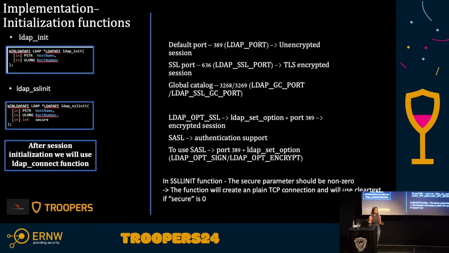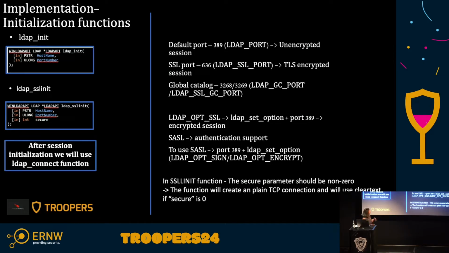LDAP with port 389 might be encrypted, and even most of the time encrypted, using GSS-API, and we'll speak about it in a moment. So maybe you should just check your environment, see, maybe you're blind to a lot of traffic that you assume is unencrypted, but it's actually encrypted.